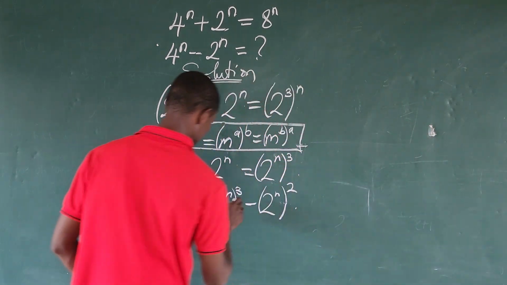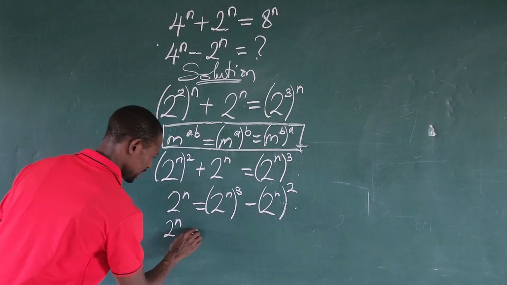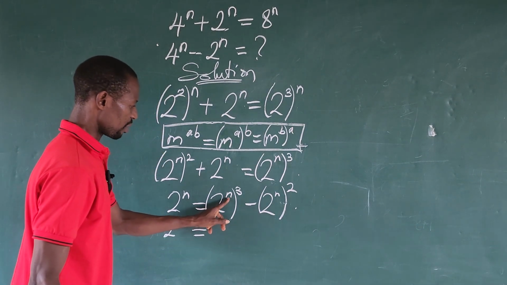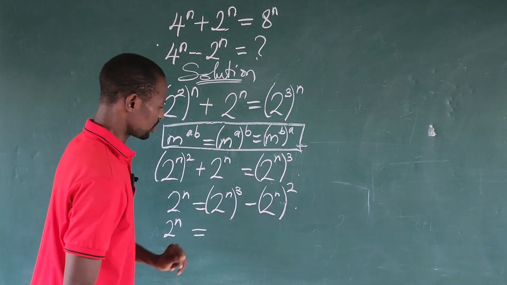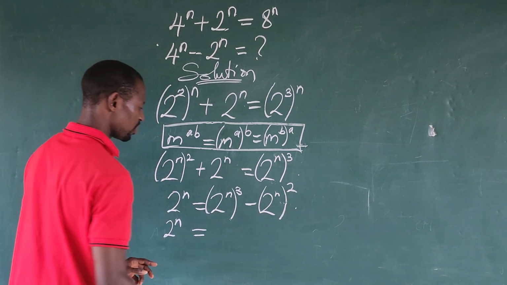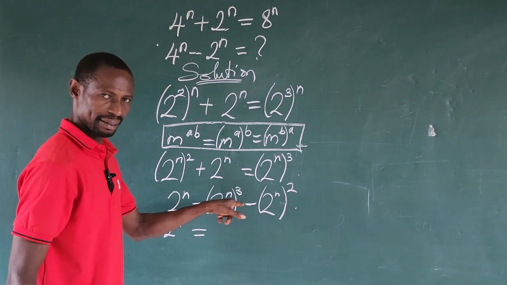And so let's go ahead and rewrite this. So this is going to give us here 2 to the power of n. This is equal to, here we're having 2 to the power of n, there all close bracket to the power of 3. If we use this to open up, this is going to give us 2 to the power of 3n, right?